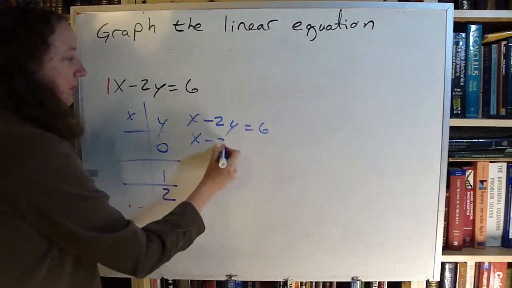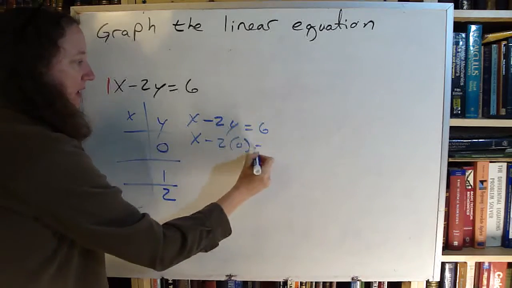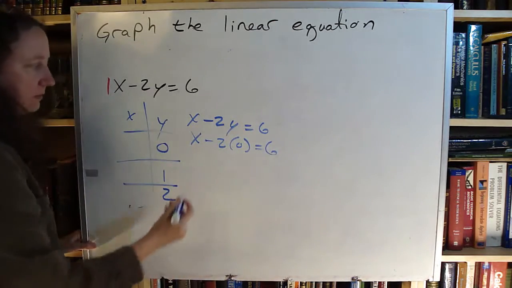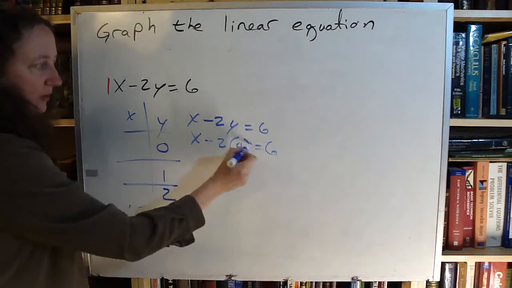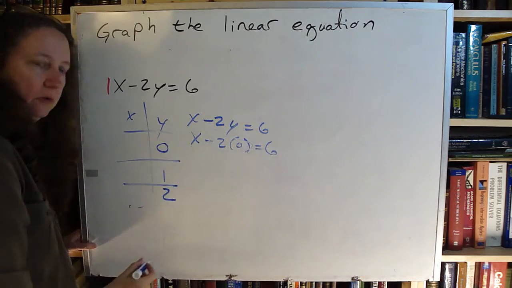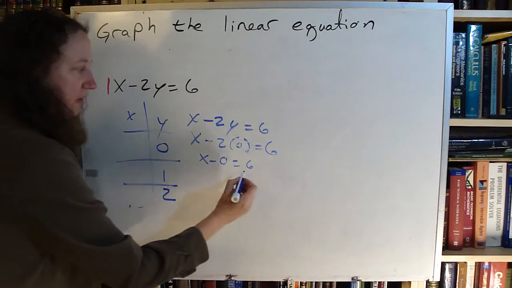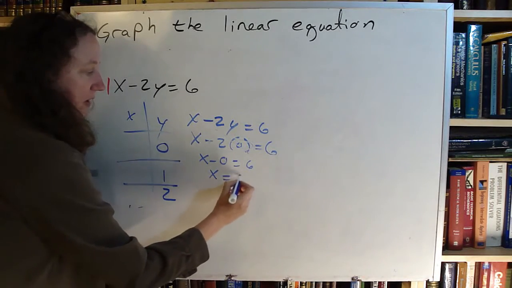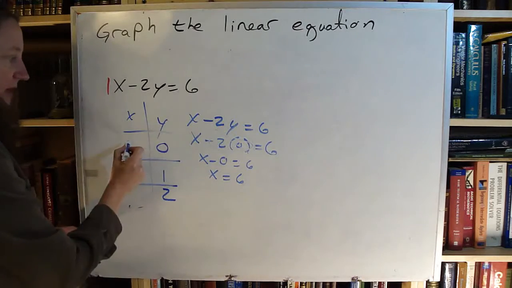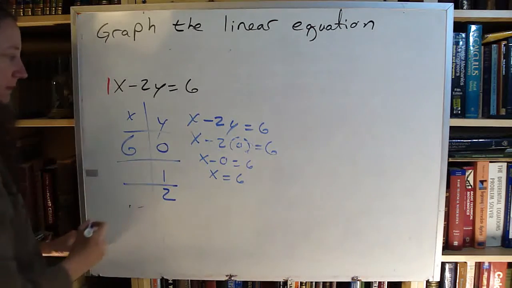So x minus 2 times 0 equals 6. 2 times 0 is 0, so I have x minus 0 is 6, which tells me just plain old x is 6. Take that number, fill it in over here.